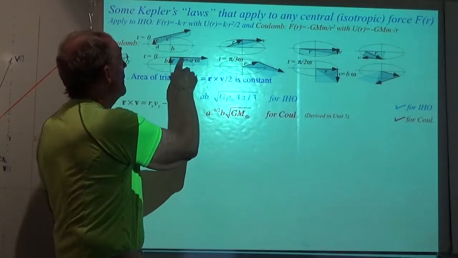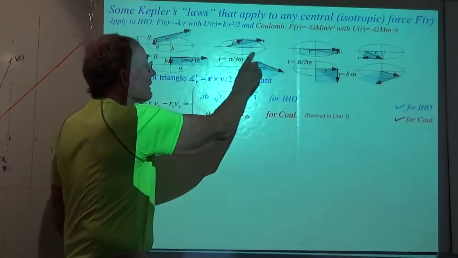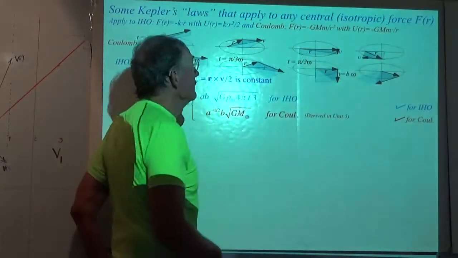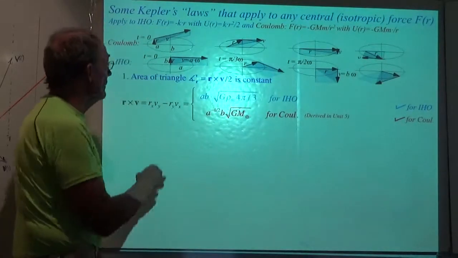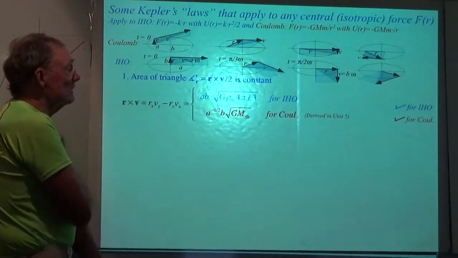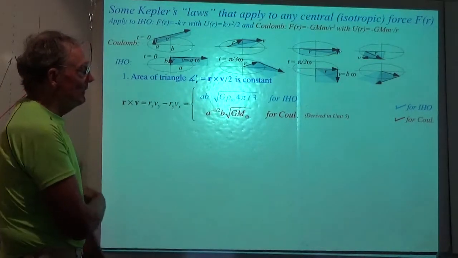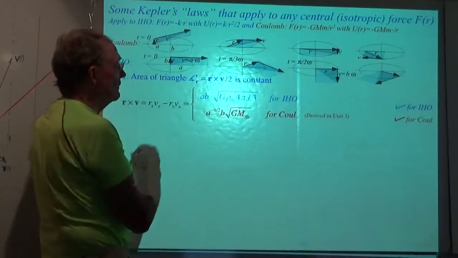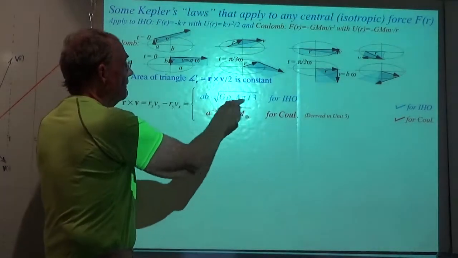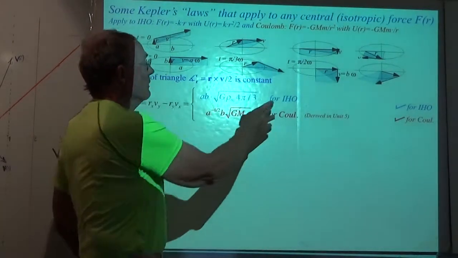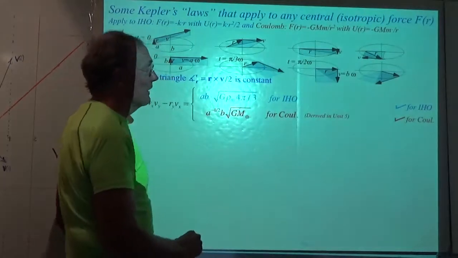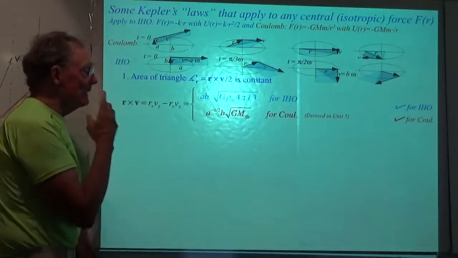This being used here, the isotropic harmonic oscillator. So same thing. The triangle area between v and r is constant. Okay, area of the triangle. It's just that the numbers associated with this, and this frequency I referred to before, give the formula for our isotropic harmonic oscillator.